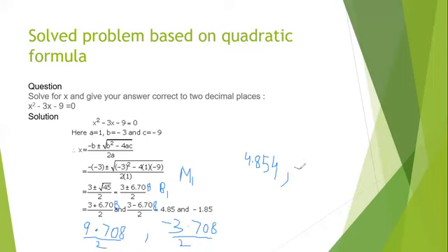Writing all the 3 decimal places up to this step is a must. Similarly, the second value will be minus 1.854.